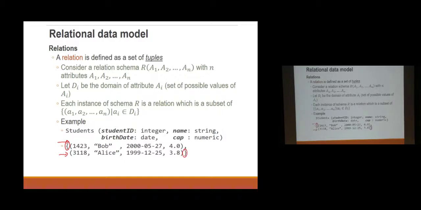Now again, I need to stress that because this is a set, if I reverse the order, which means if I have things like 3, 1, 1, 8, 1, 4, 2, 3, it is still exactly the same relation. It is still the same instance. Because as a set, the order does not matter. Okay, so any questions on this?